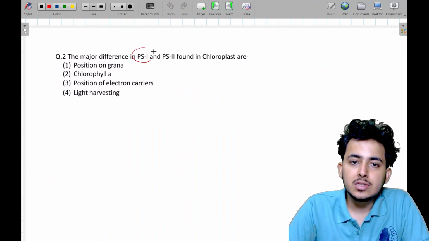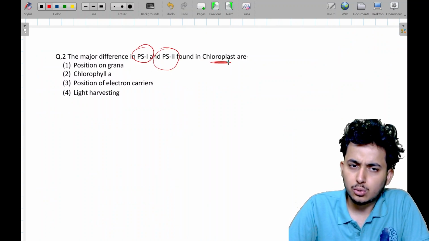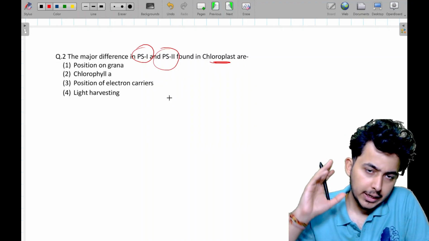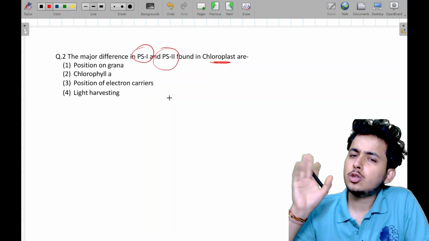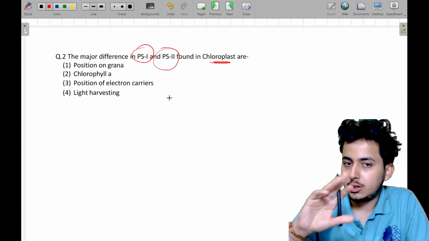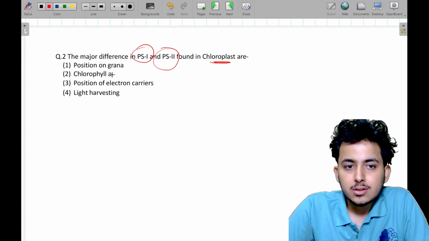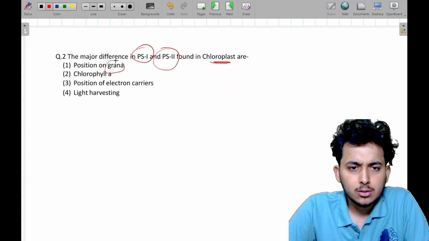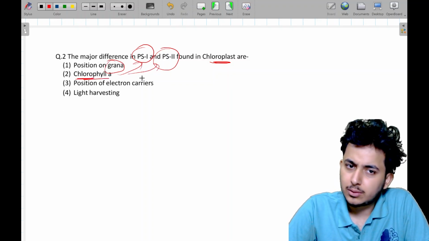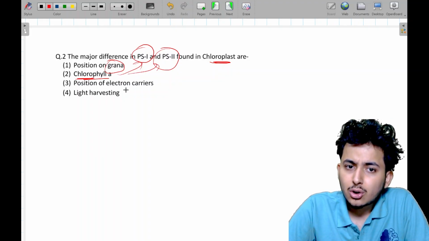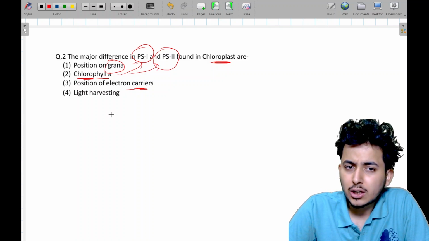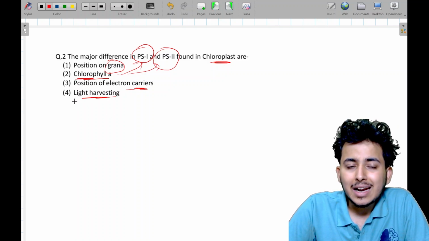Now, the major difference in PS1 and PS2 found in chloroplast are... you have to tell what is the major difference that comes to your mind from whatever I have taught you till now. Is it in the position of grana? Is it in chlorophyll A? No, chlorophyll A is common to both of them. Is there a difference in the position of the electron carriers, or in the light harvesting complex?